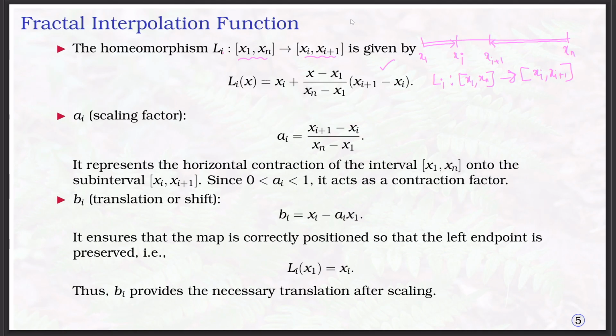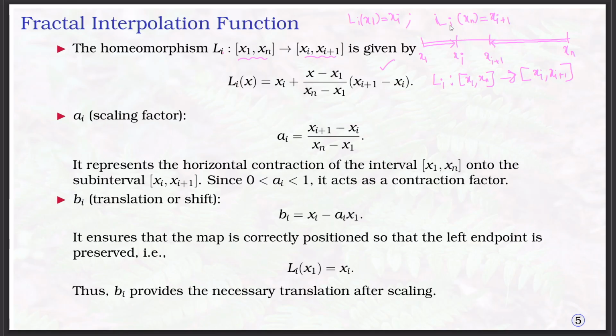What is the endpoint condition? Li of x1 equals xi and Li of xn equals xi plus 1, which maps to the endpoints of the subinterval.